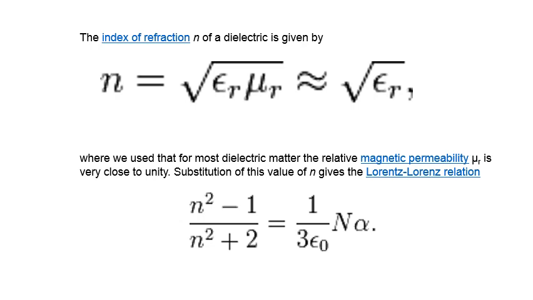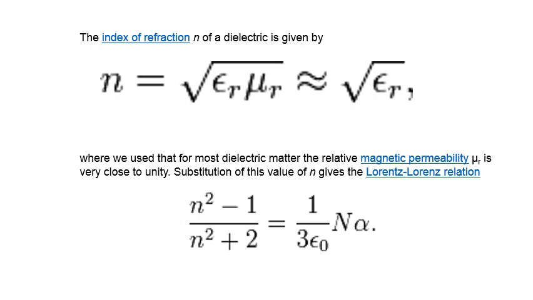In terms of refractive index, we know that the refractive index n is equal to the square root of epsilon r mu r. For most dielectric materials, the relative magnetic permeability mu r is close to unity.